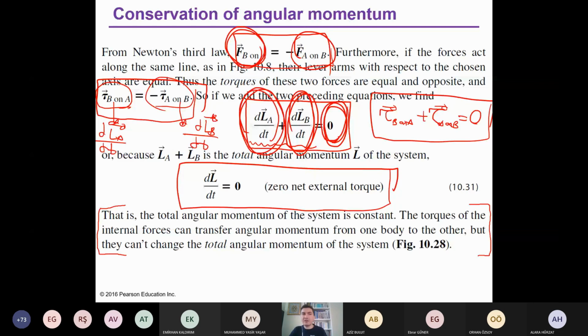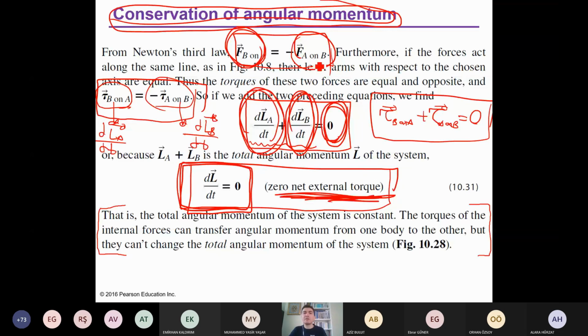So when you are dealing with the conservation of momentum, you always look at the net external torque produced by the external forces. The effect of the internal forces on the net torque on the system is 0. Internal forces cannot change the total angular momentum of the system. So the total angular momentum of the system is constant.